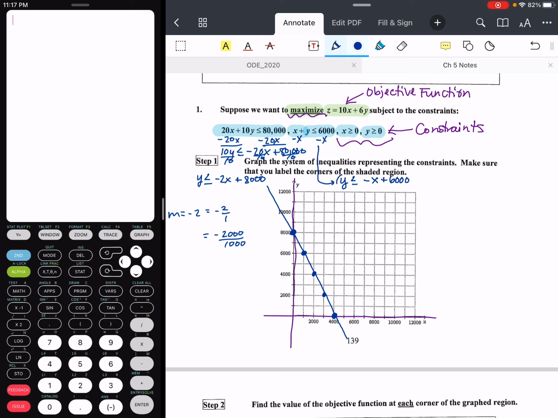So there's my inequality solved for y. So plotting my y-intercept 0, 6,000 would be right there. And then my slope is -1. So down 1 and to the right 1, down 1 and to the right 1, and so on.